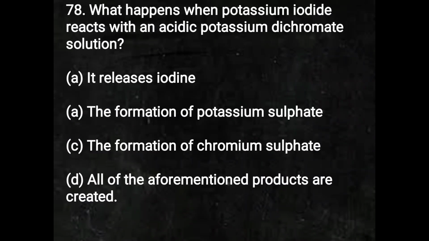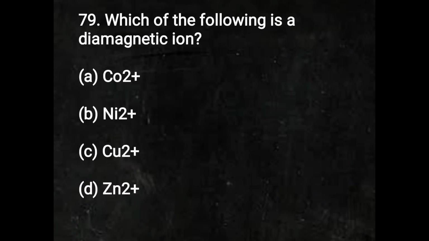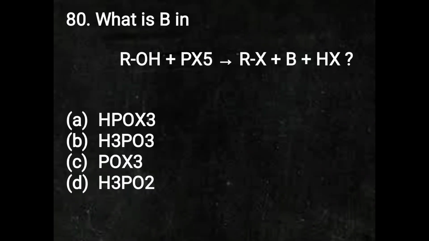What happens when potassium iodide reacts with an acidic potassium dichromate solution? All of the aforementioned products are created. Which of the following is the diamagnetic ion? Zinc ion.